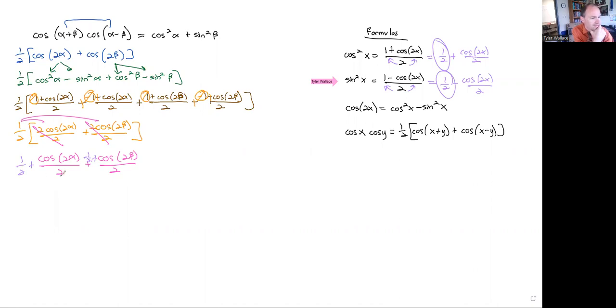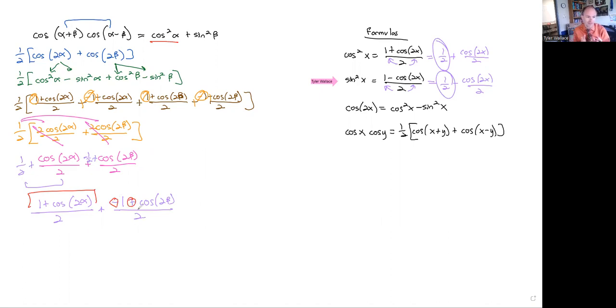So when I do that, since we have a common denominator, we've got 1 plus the cosine of 2 alpha over 2, plus a negative 1 plus cosine of 2 beta over 2. Now that's not quite what I want. The first one is the cosine squared of alpha. That's good. The other one, though, we've got the wrong signs.